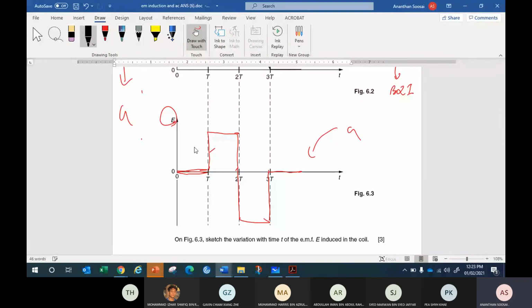So the actual graph: the positive is going to become negative down here, and the negative is going to become positive. And zero. So finally, the graph should be like this. Correct?